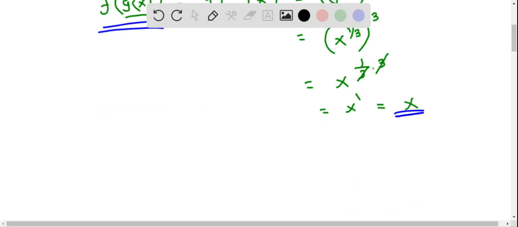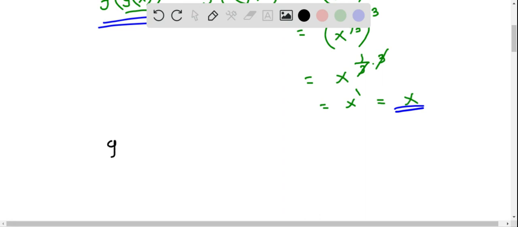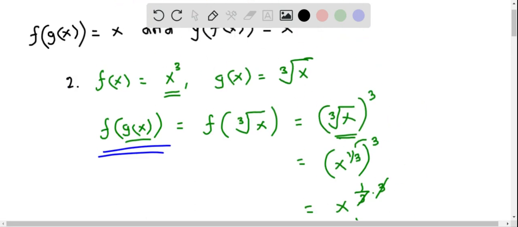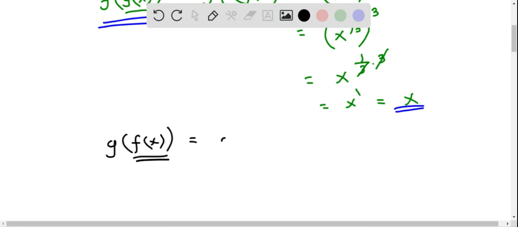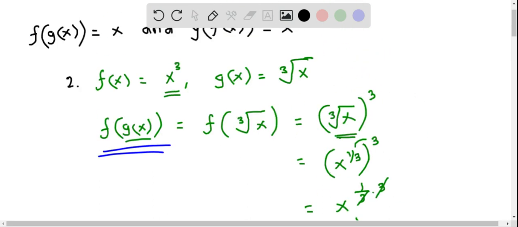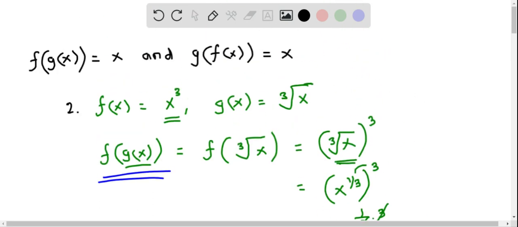Now let's find g of f of x. So first replace f of x by the expression x cube. So therefore this becomes g of x cube. Now replace x in g of x by x cube. So we have to replace this x by x cube.